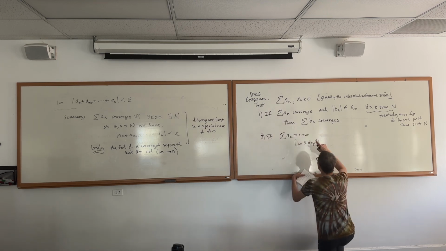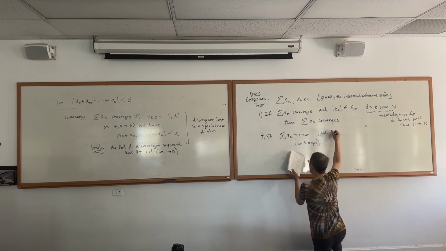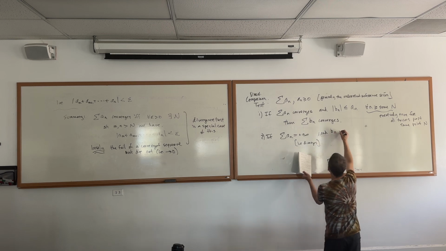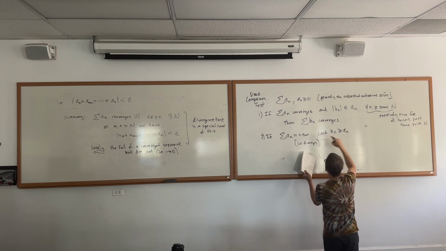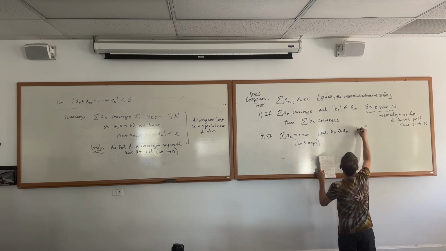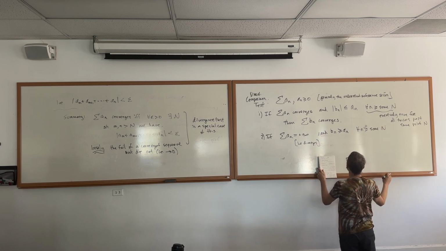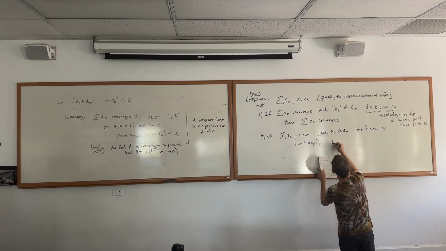So if I know that that series diverges and the b sub n's are greater than each of the terms on this thing for all n greater than or equal to some cutoff again, then this series diverges.